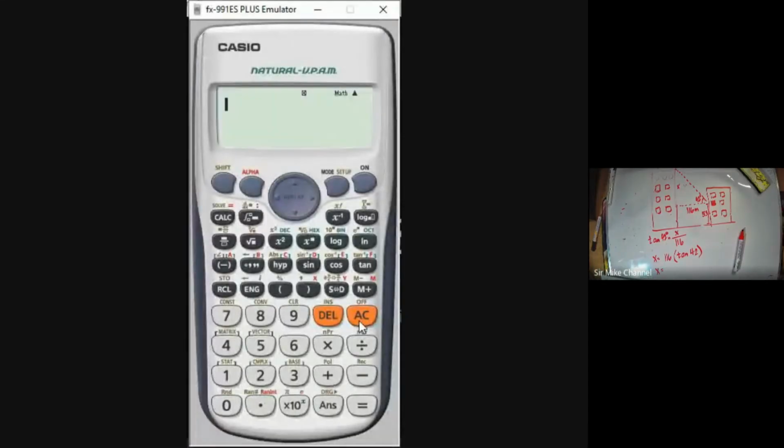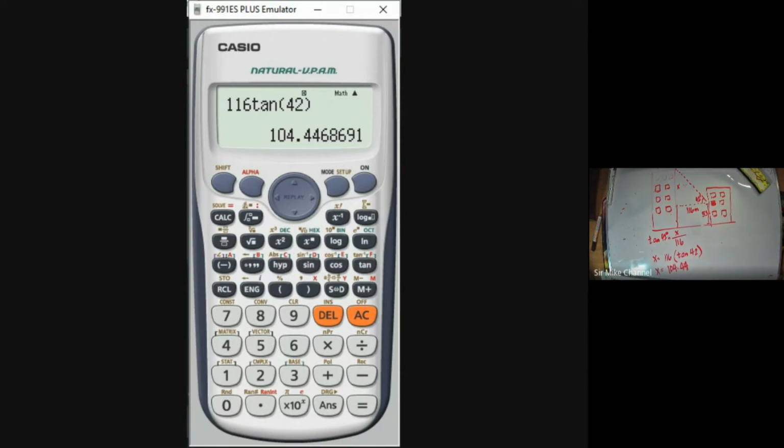So, we have 116 times tangent 42. So the answer is 104.44.